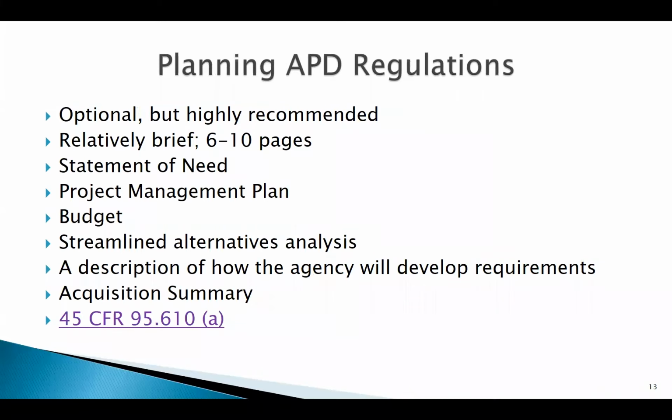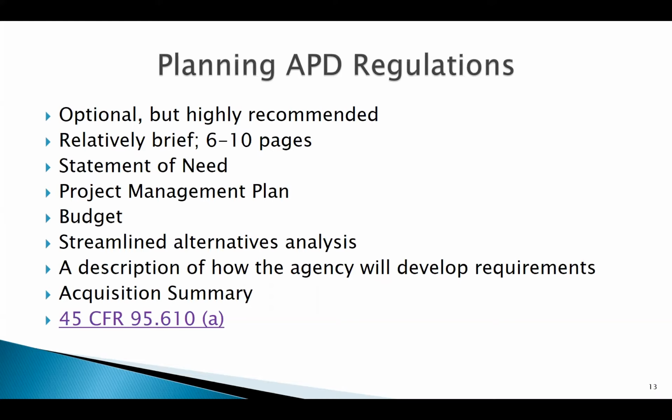So the planning APD regulations. While a planning APD is optional, it is highly recommended. This is a relatively brief document, 6 to 10 pages. This isn't War and Peace. We don't want it to be a book by any stretch of the imagination.